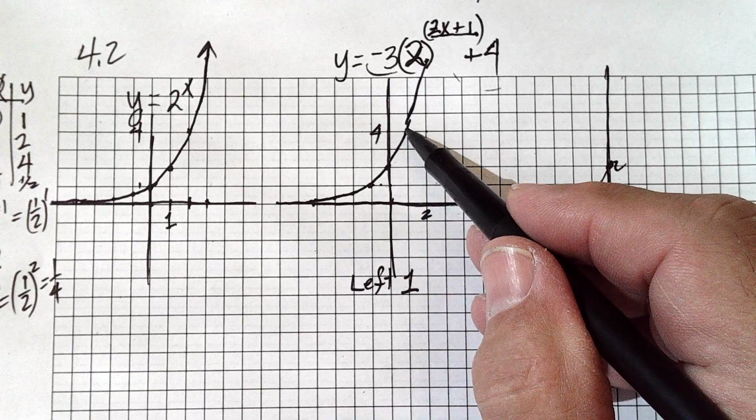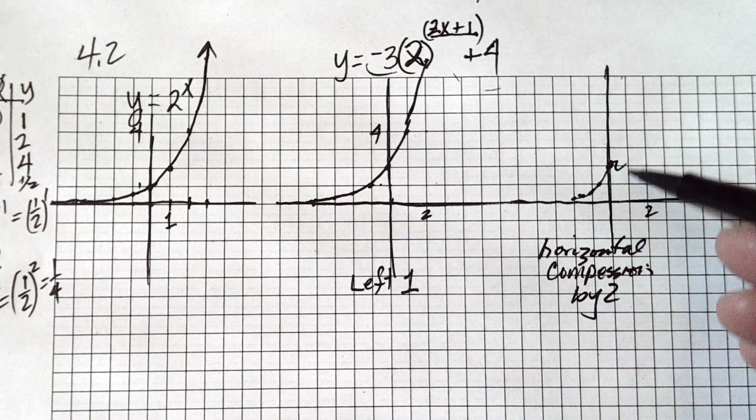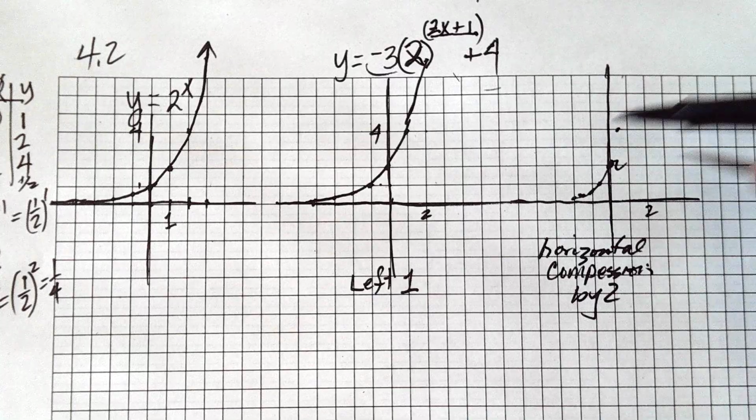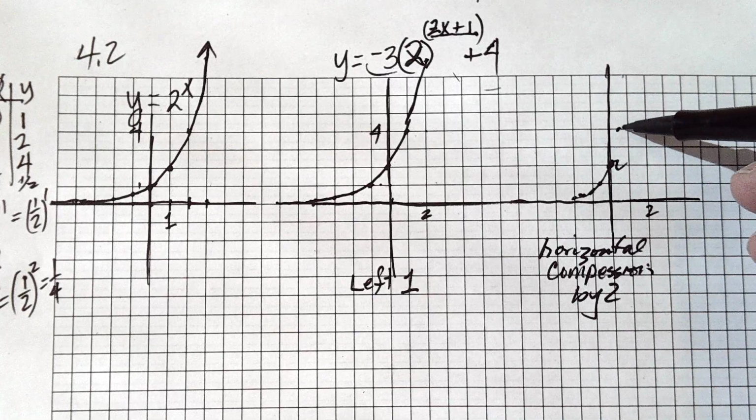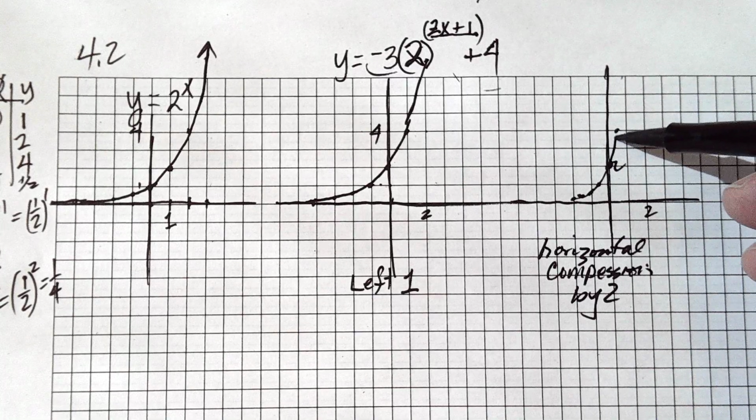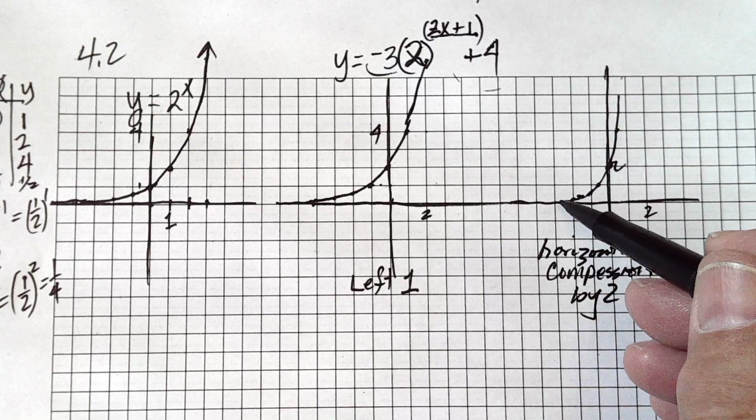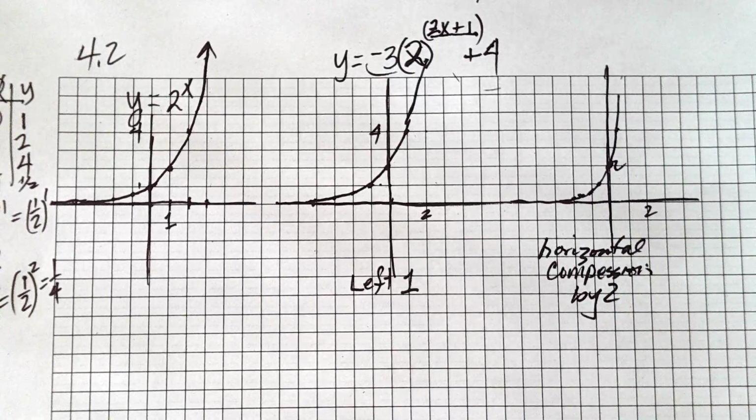At 1, it was 4, so now at 1/2, it'll be 4. It's moving halfway in towards the y-axis. So this is a horizontal compression.